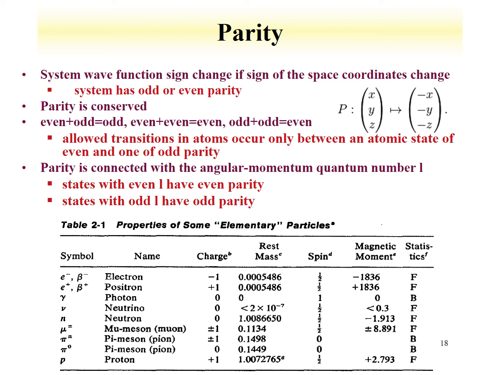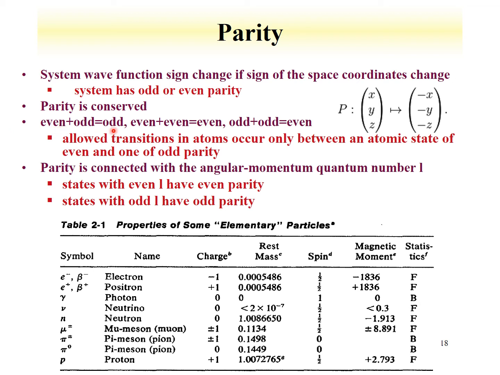You can think of parity as just another term to describe the behavior of the quantum mechanical state of the system that you're exploring. Parity has to be conserved, so there are certain trends: even and even go to even, odd and odd go to even, and even and odd go to odd.